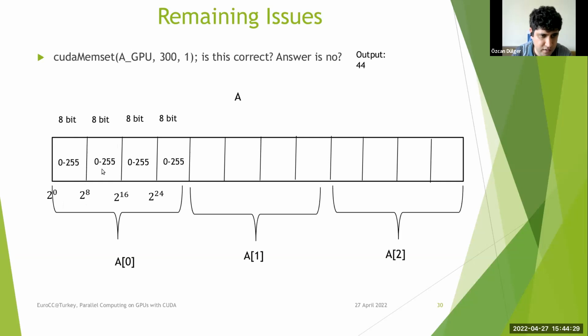In the second byte, the numbers between 2^8 and 2^16 minus 2^8. In the third byte, the numbers between 2^16 and 2^24 minus 2^16 are stored. And in the fourth byte, the numbers between 2^24 and 2^32 minus 2^24 are stored here.